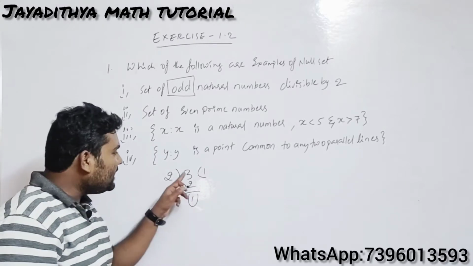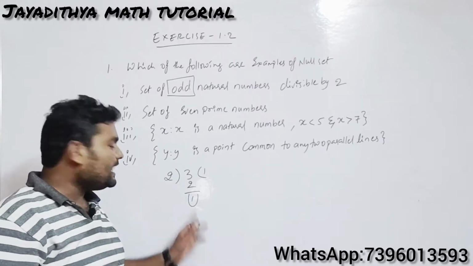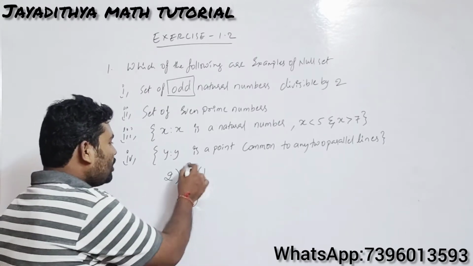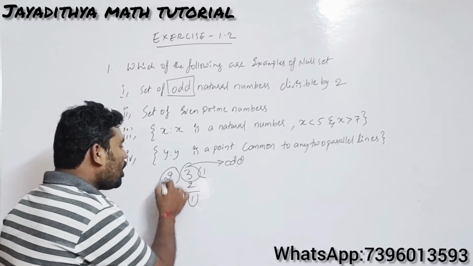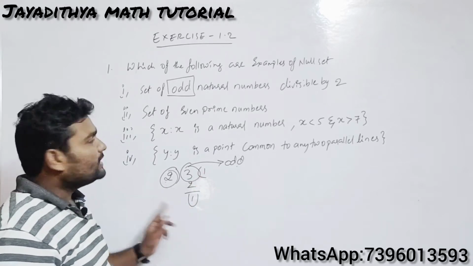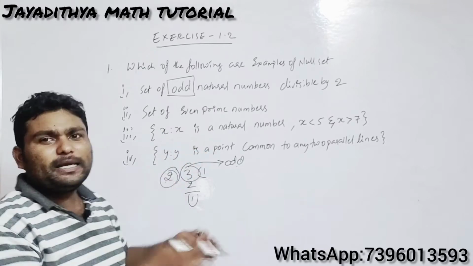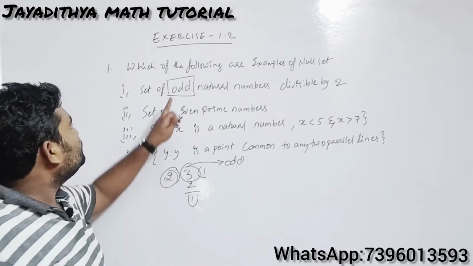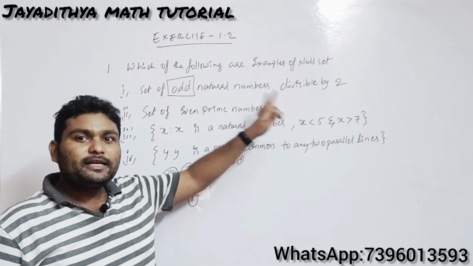So when a number is divided by 2 and leaves remainder 1, we call that number an odd number. An odd number is not exactly divisible by 2. Therefore, both the conditions are completely opposite to each other, right? So there will not be any odd number such that it is divisible by 2.